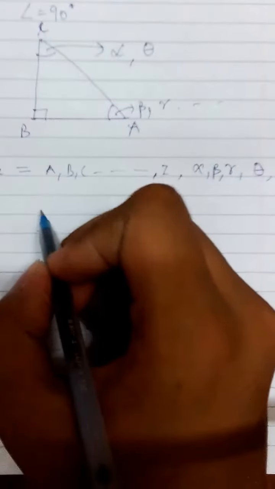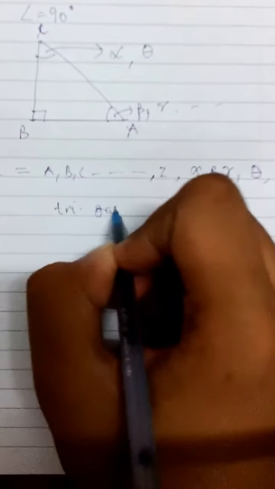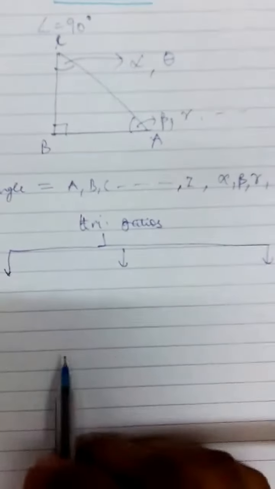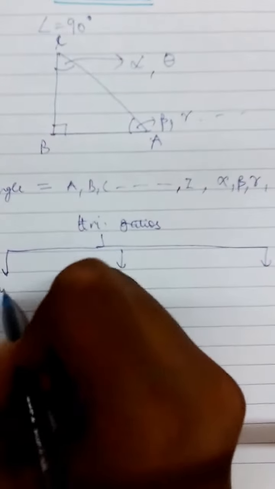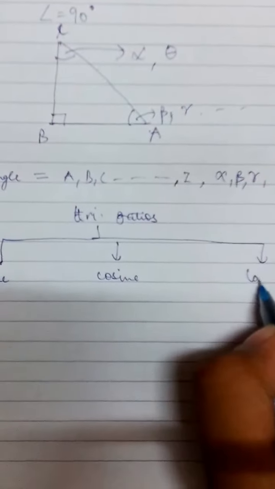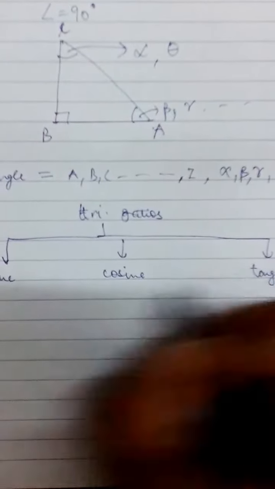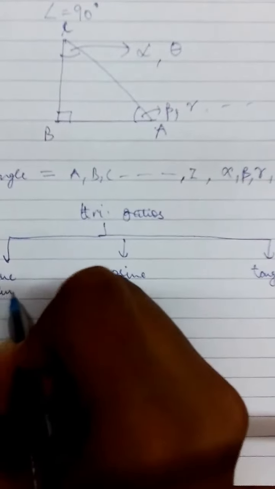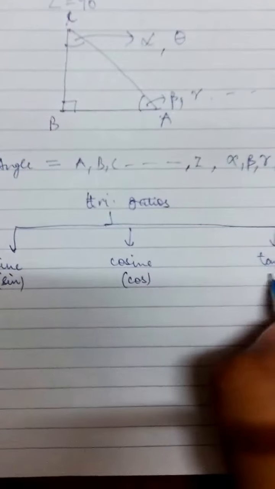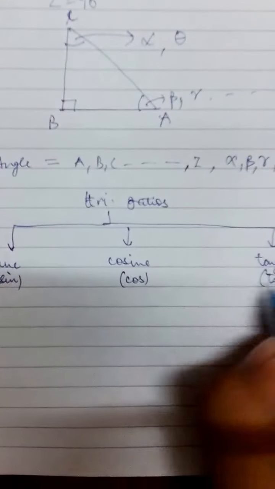Trigonometry has 6 ratios, trigonometric ratios, also known as T ratios. There are three main ratios, which are sine, cosine and tangent, abbreviated and mostly used as sin, cos and tan.